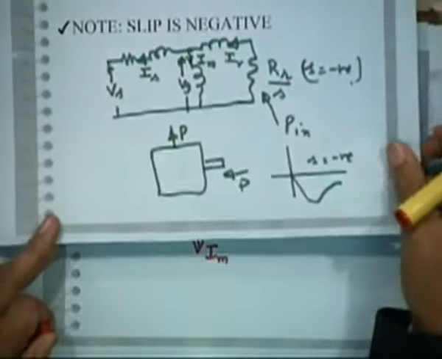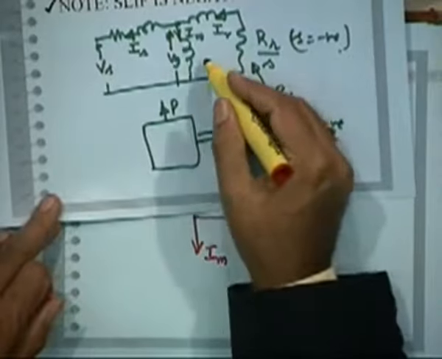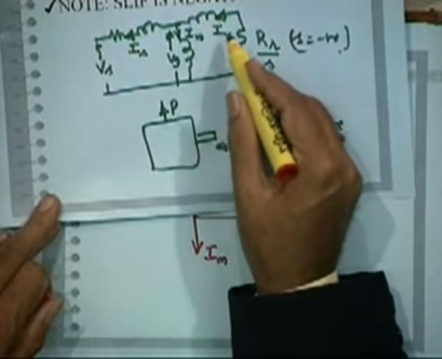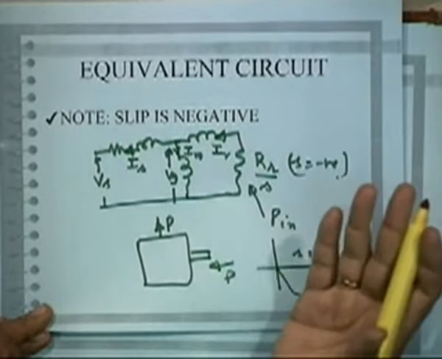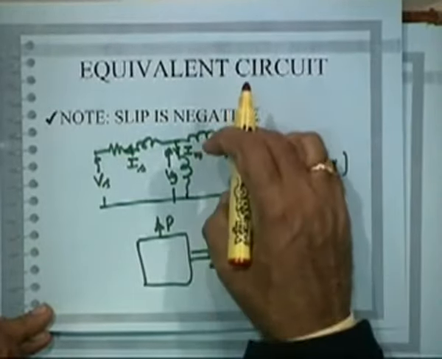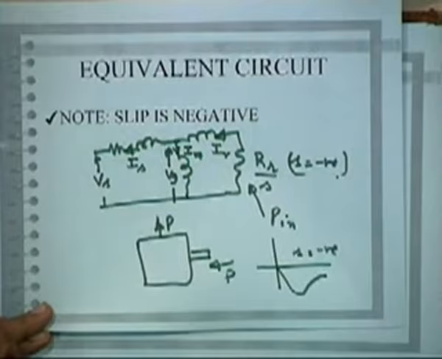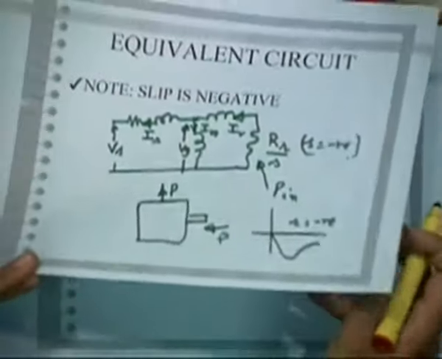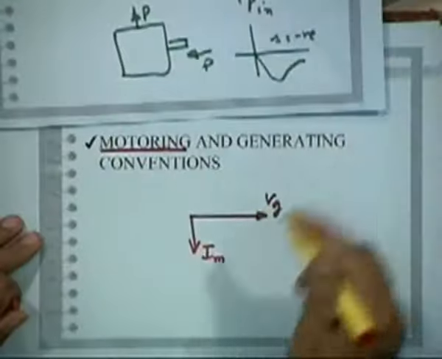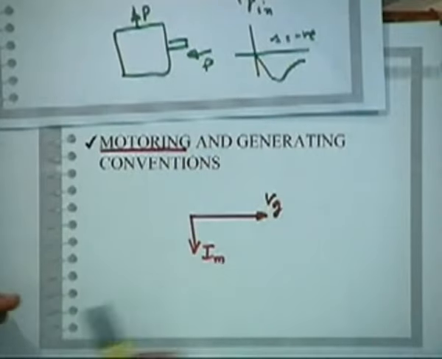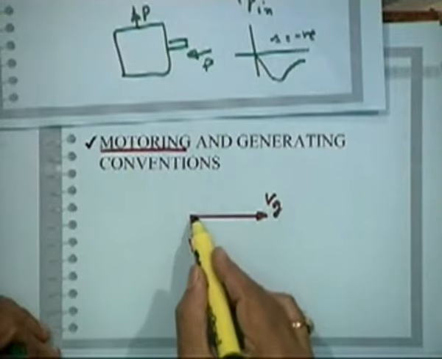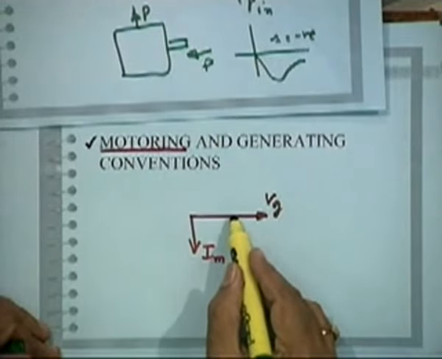Now, let us assume that the rotor circuit is mostly resistive because of low slips. We will say IR is in phase with Vg. If you use the motoring convention, if it was a motor, it would be like this.